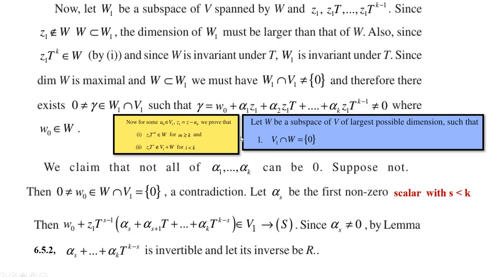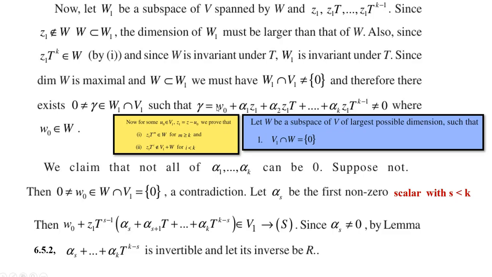Now this gamma you have taken as a non-zero vector. Right. Now we claim that not all of the scalars can be 0. Suppose not. So then what will happen? You will have all these to be 0.